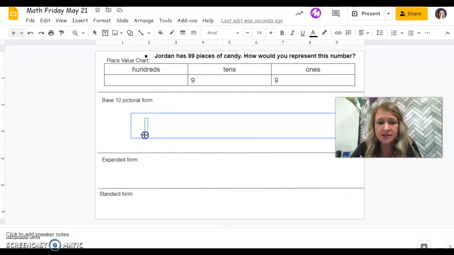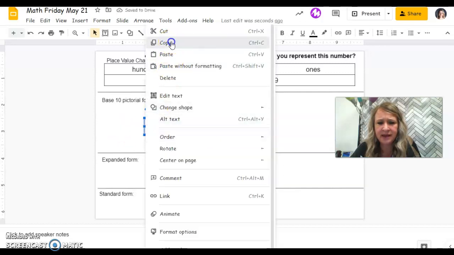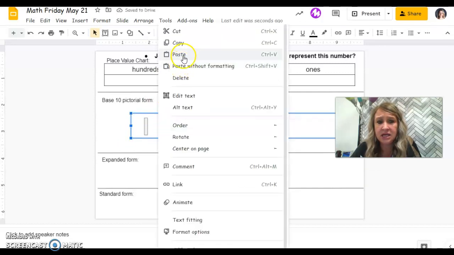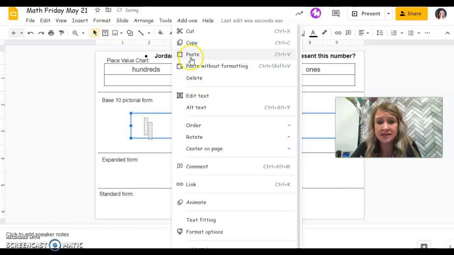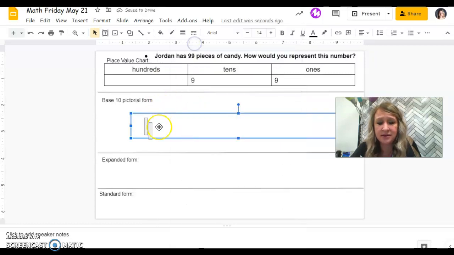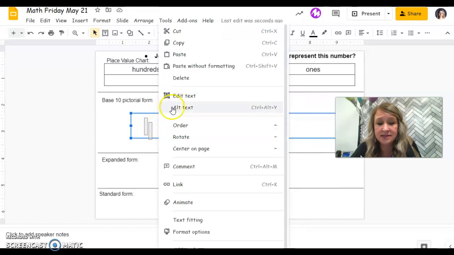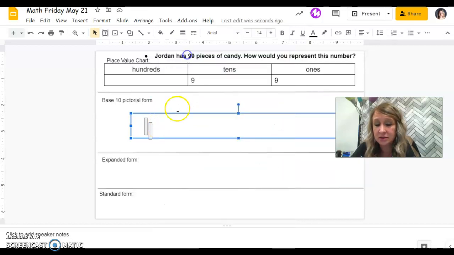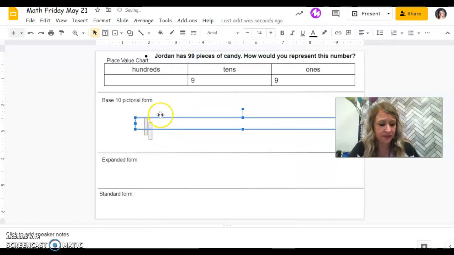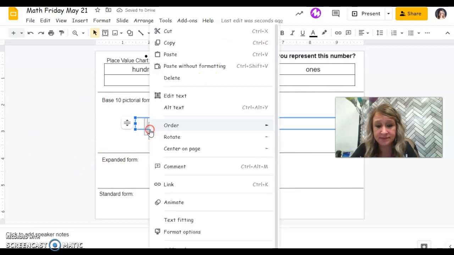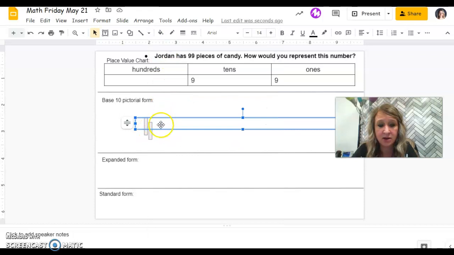So here is 1 unit. How many do I need? 9. That's right. These are longs. How many longs do I need? I need 9 longs. All right, you guys got to help me count.